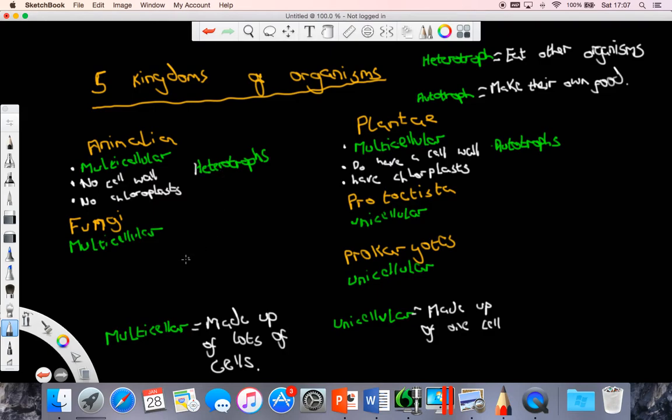Now, one that's a bit in the middle is a fungi. Fungi are multicellular. They have cell walls. They have no chlorophyll, so they're sort of in the middle.